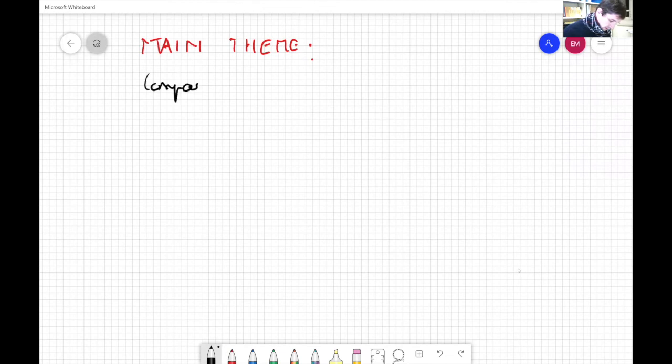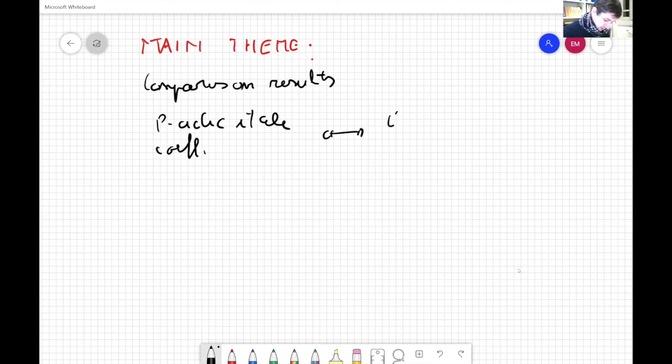So main theme: comparison results between p-adic etale coefficients and de Rham coefficients over, so we said, X_N.